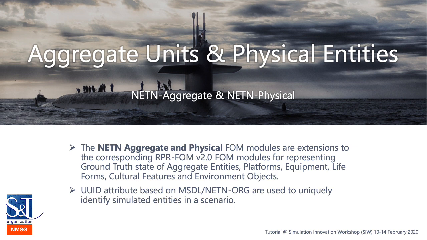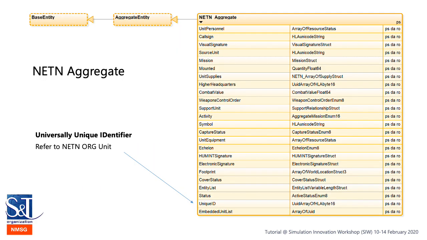And the RPR FOM also has a representation of the platforms, the physical entities, equipment, platforms, vehicles, and we also have an extension to that as well. Primarily to include the possibility to reference using the universally unique identifier, but also with some additional attributes. So for the extension of the RPR aggregate entity, we have an object class called NETN aggregate. It consists of some additional attributes that are not in the RPR FOM, but what I wanted to highlight here is the universally unique identifier.